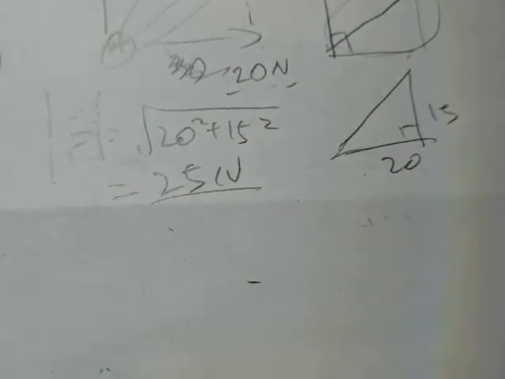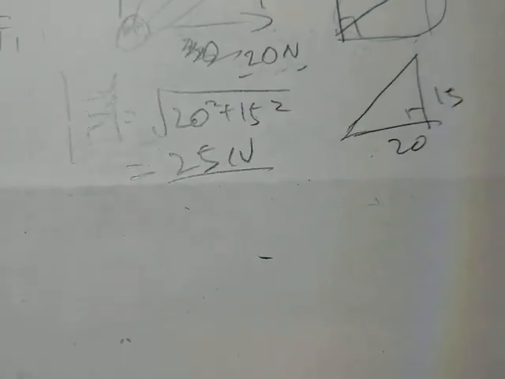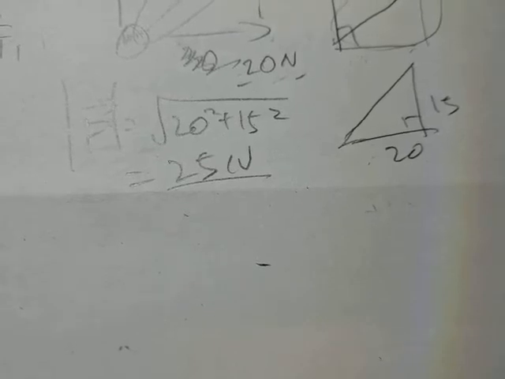So a quick way to find this is to find the magnitude of the two vectors. It's pretty much solving for the hypotenuse of this right triangle. And when you do that, excuse my bad handwriting, you get 25 newtons, and that is the force that is exerted upon the object M.